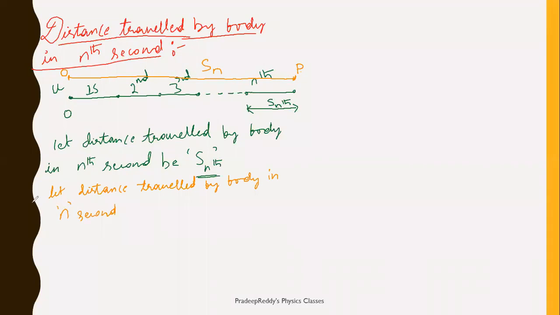That means in the total n seconds, how much length it is traveling, that is S n. Here it is nth. Here it is n. Okay. And now coming to the other thing, let me take this length. Here it is Q. And here it is O.